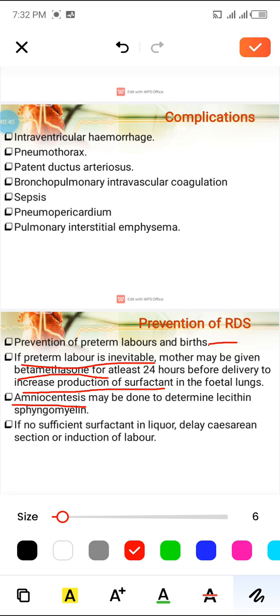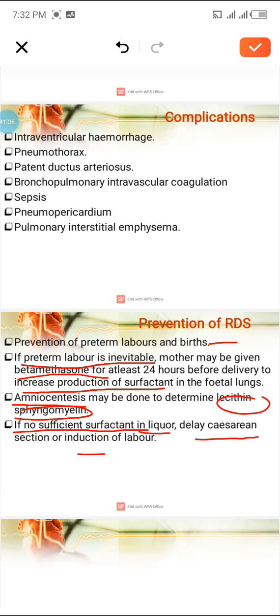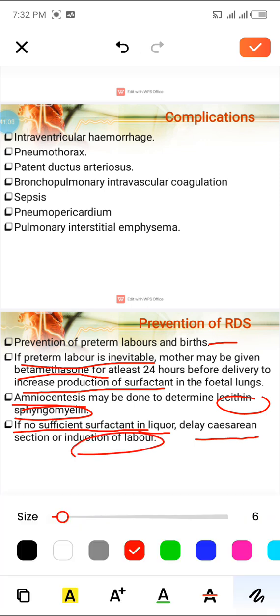Amniocentesis will be done to determine what we discussed earlier, the lecithin to sphingomyelin ratio, so that you know the amount of surfactant available. If there is no surfactant in the liquor, meaning the amniotic fluid, then delay the C-section, which is cesarean section, or induction of labor. So these are just preventive measures.